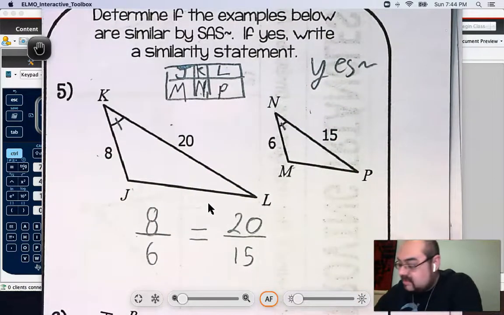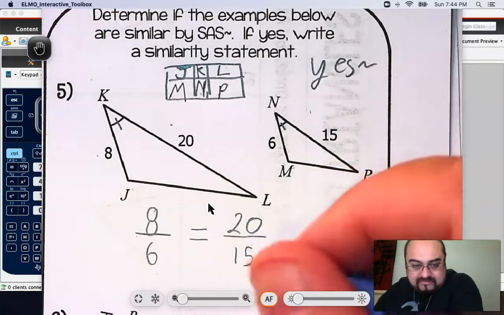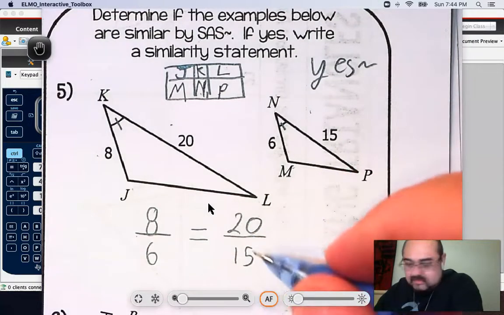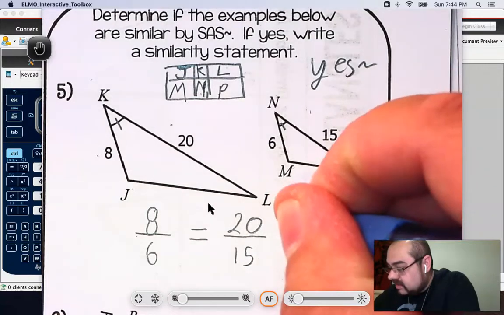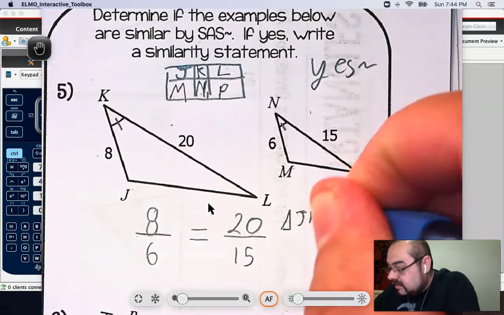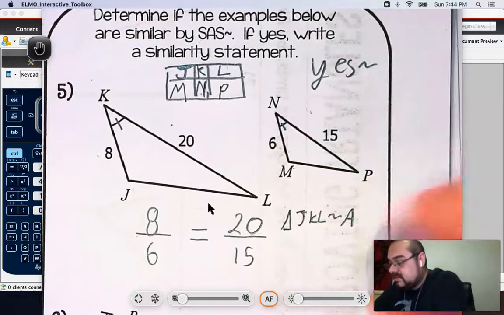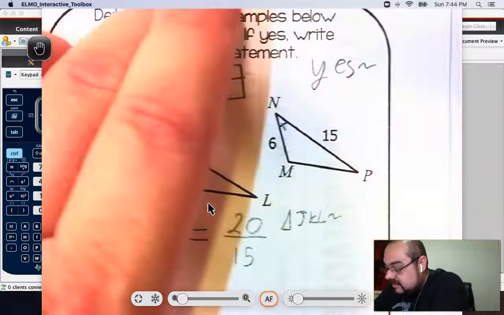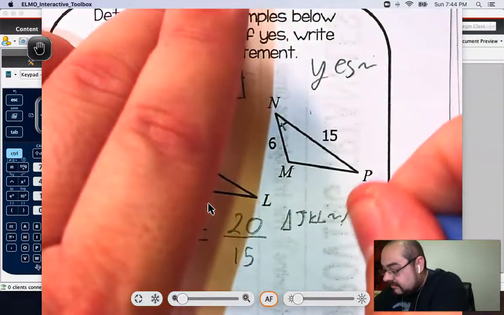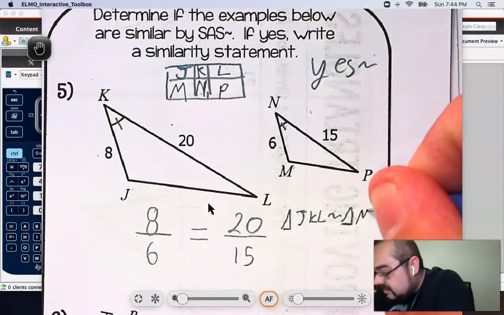Okay. My congruency statement is going to look like, where can I write it? I'll write it right here. I'm going to say triangle JKL is similar, I keep wanting to write an A, is similar to triangle MNP.